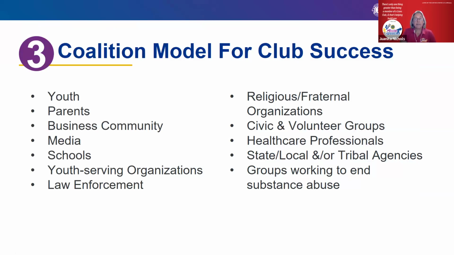So here he has all the bases that he covered in regards to the community asset-based information to develop a new club. His focus was groups to end substance abuse, and that's his specialty, working with youth and substance abuse agencies. And so he was able to move forward with starting a club to help out students with that, just like the Lions Quest program. That is also another way of starting a new club.